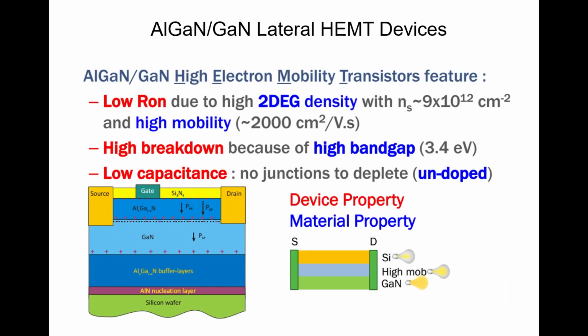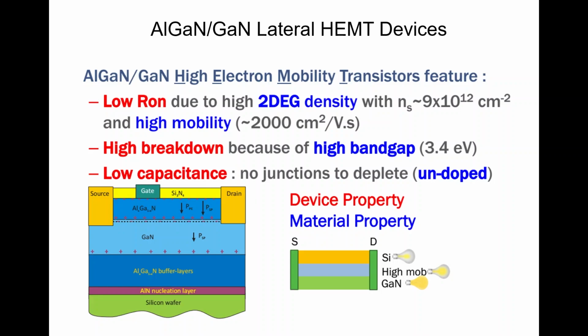As a follow-up, that explains to a large extent why you can get lower on-resistance with gallium nitride. It is mainly due to this 2DEG density, which is pretty high. In this case, it's a bit lower than 10 to the 13, but it can be 10 to the 13, depending on the aluminum content and how the barrier is designed.